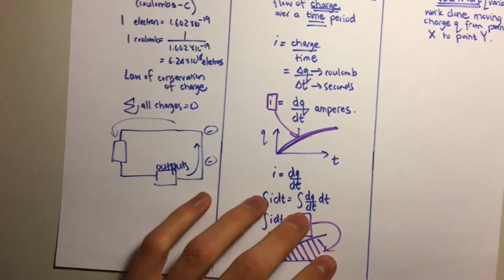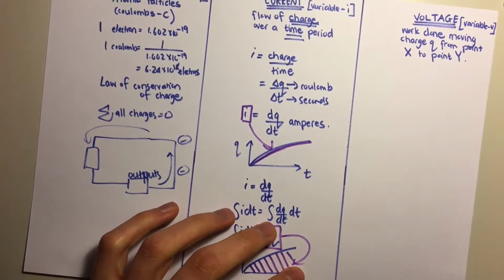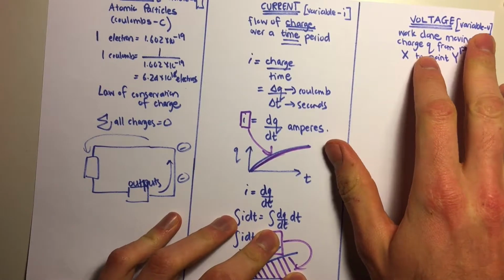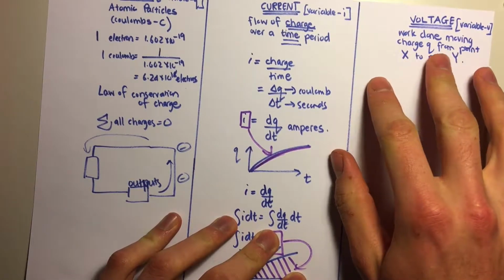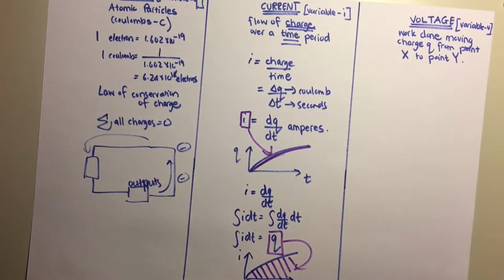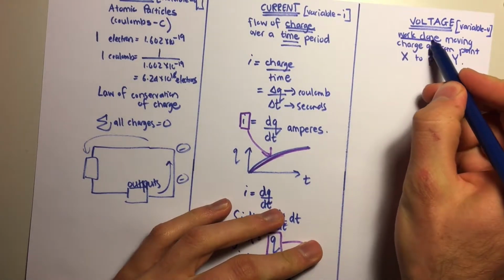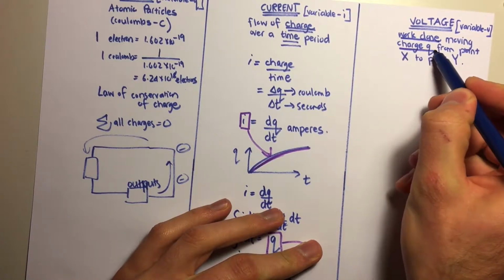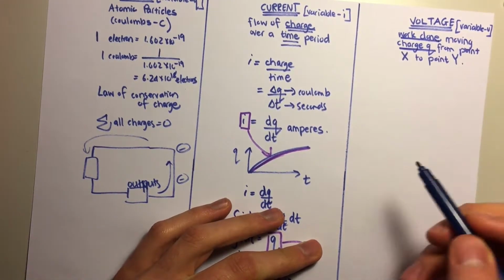Okay, so then the next part we look at is voltage. Voltage, variable V, is defined as the work done moving charge Q from point X to point Y. So how can we write this in a formula?